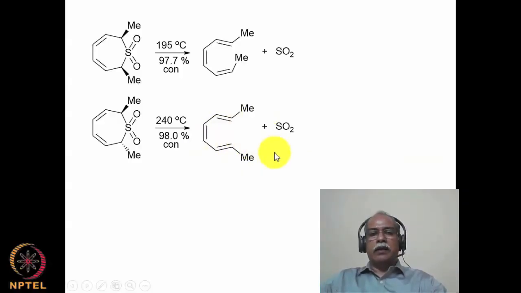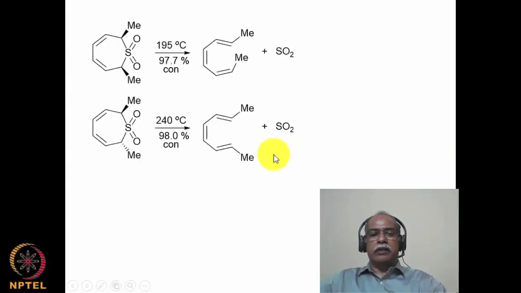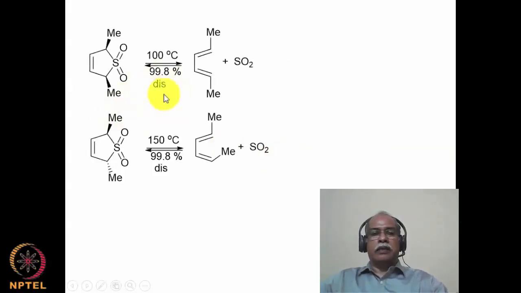They proceed either in a disrotatory fashion or a conrotatory fashion. If you see the disrotatory process for a 4n plus 2 electron system, this is very similar to the electrocyclic Woodward-Hoffmann rule.